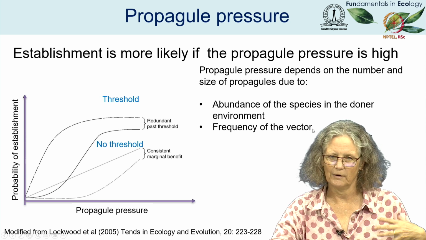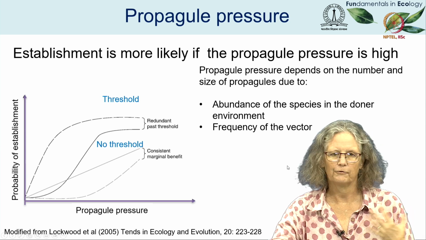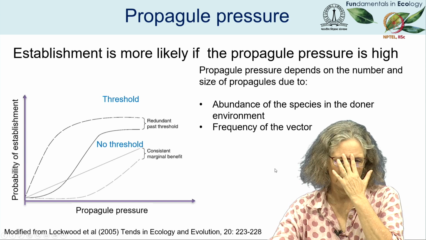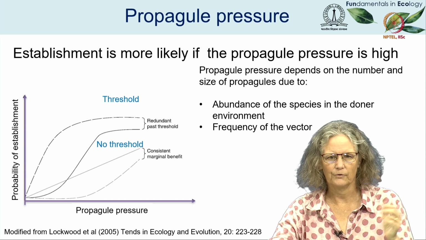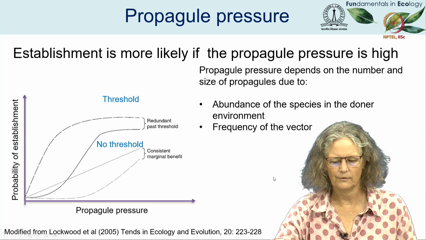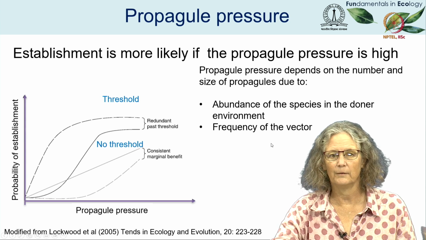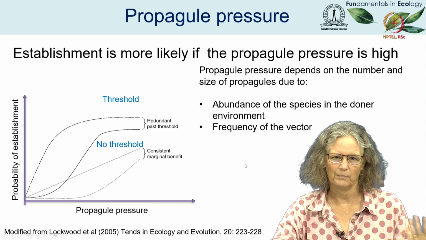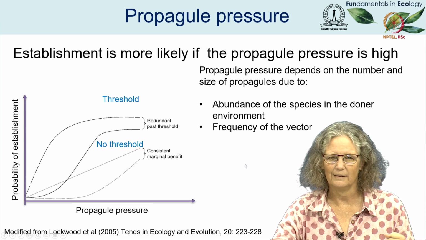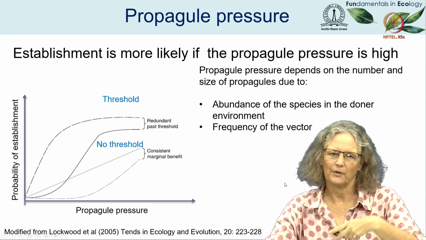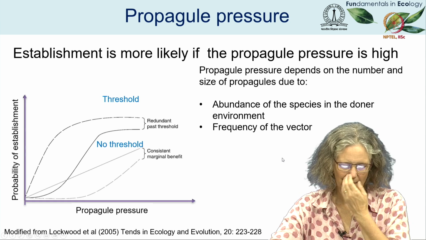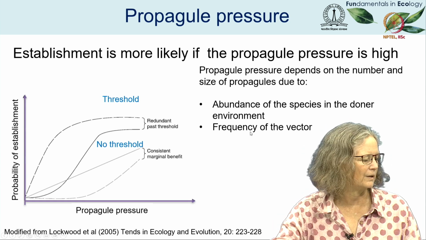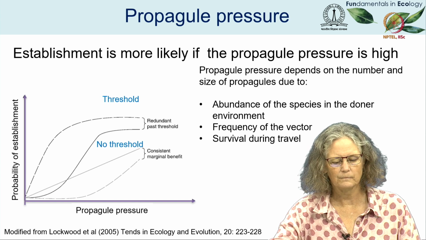Another thing that affects the propagule pressure is the frequency of the vector. The vector might be ship hulls, or cargo containers, or it might be the pet trade, maybe the value of that organism as an exotic pet. If it's very valuable, people will try to bring it in a lot in order to make some money. So the frequency of the vector will, of course, affect the propagule pressure.